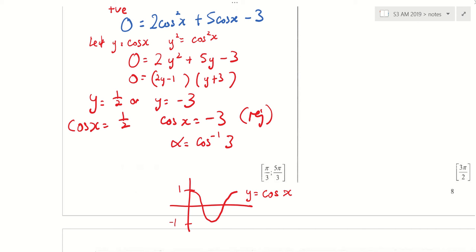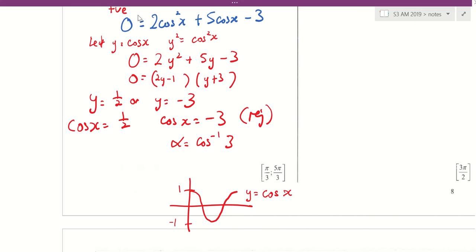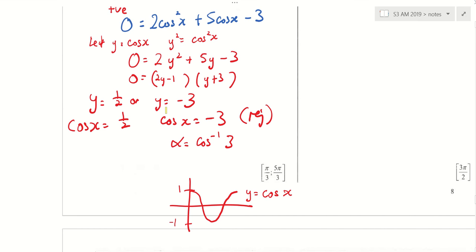So let me ask you a question. My question is cosine x equals negative 3. I highlight for you to see. This is what the question is. And Rachel asked a very good question. Why is it equal to minus 3? I reject. Look at 1 and minus 1. Where is minus 3, up or down? Down. So minus 3 means I draw a line y equals minus 3.